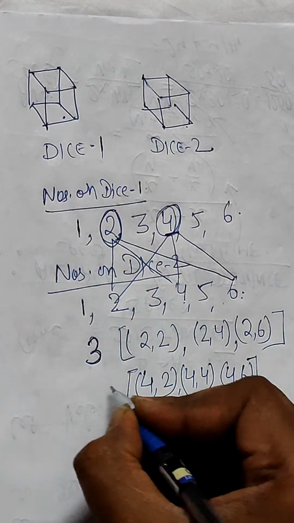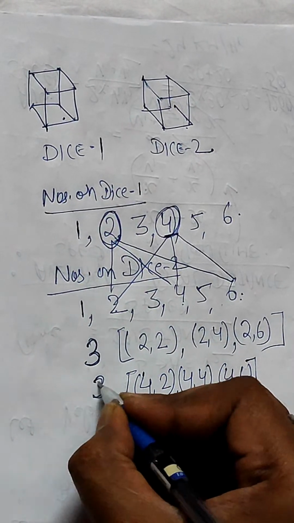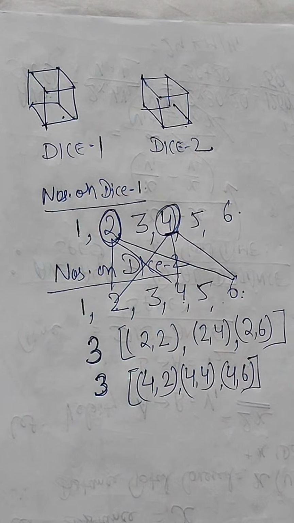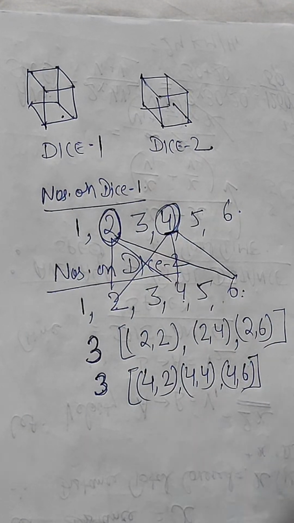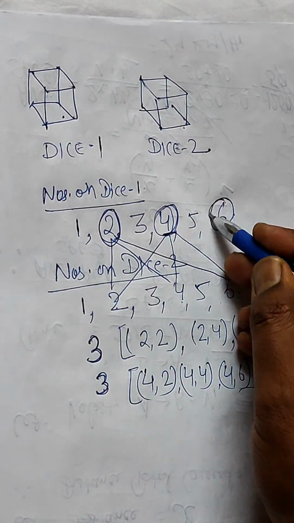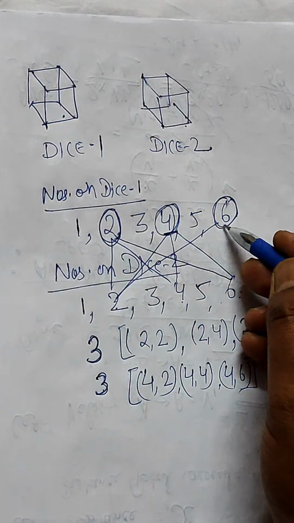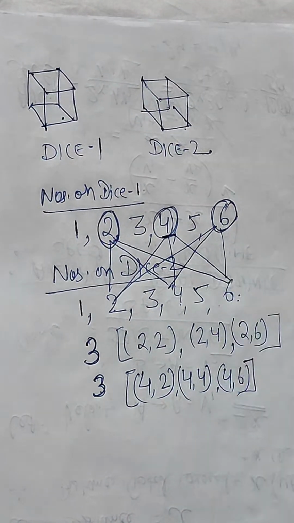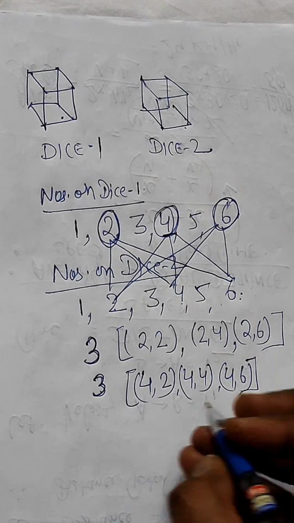These are another three combinations which we have and which are even. And in the last attempt, it can be 6, and it will be 6 2, 6 4, and 6 6. Right?